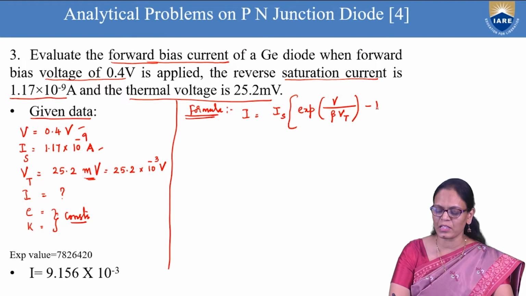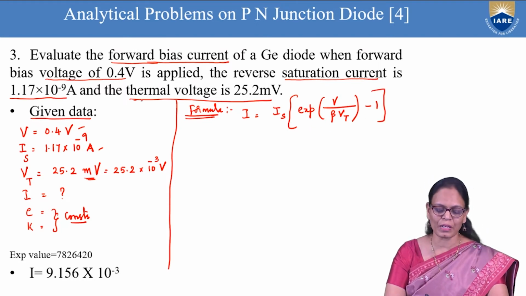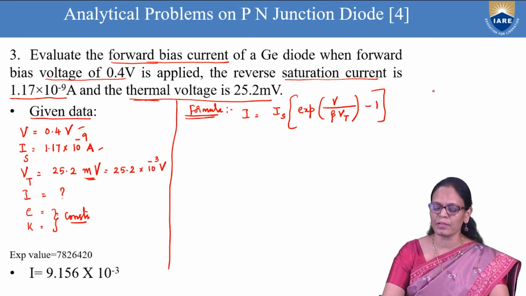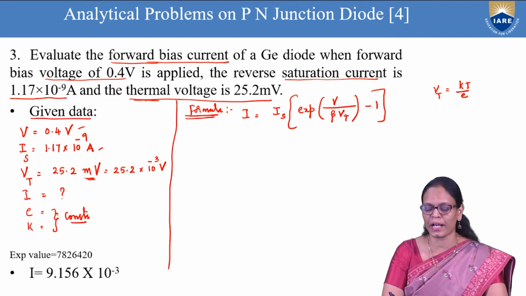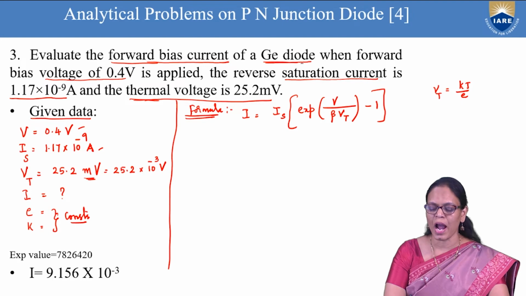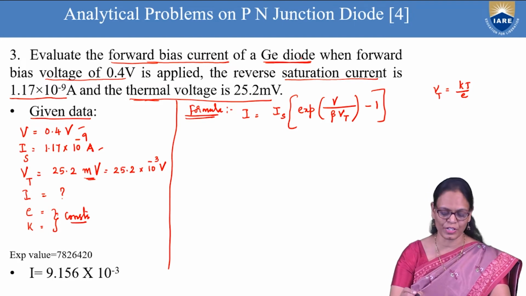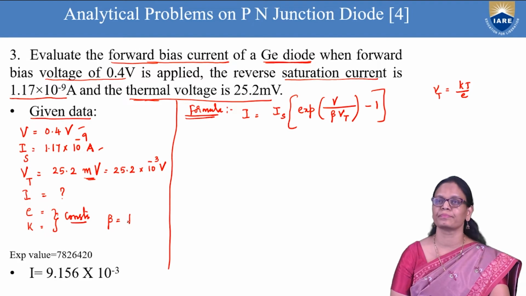Why I am writing this formula here is because the thermal voltage is given, and thermal voltage Vt is equal to KT by E. That is why I have written exponential V by beta Vt minus 1. And here it is a germanium diode and the ideality factor is not mentioned.